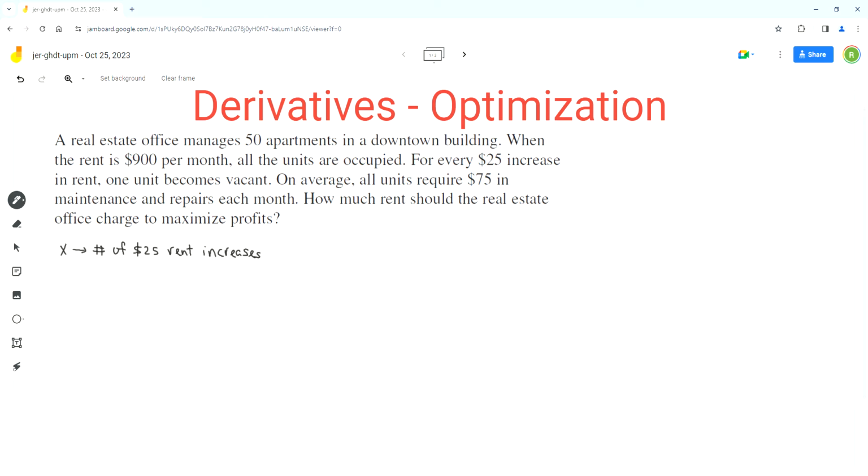So now we'll write the expression for the new rent if the rent is increased by x number of $25. So the current rent is 900, so the new rent will be 900 plus 25x.